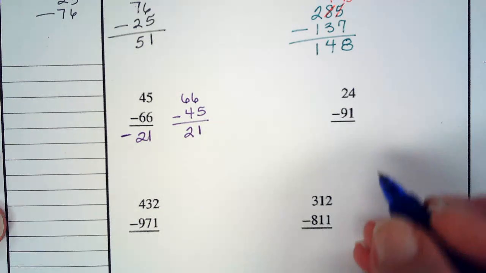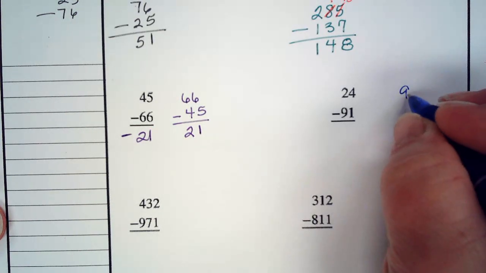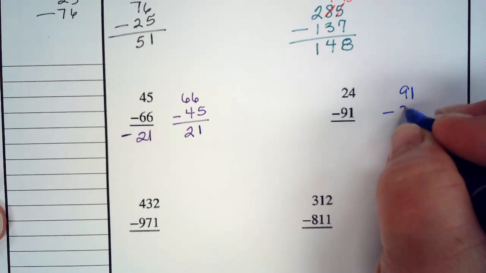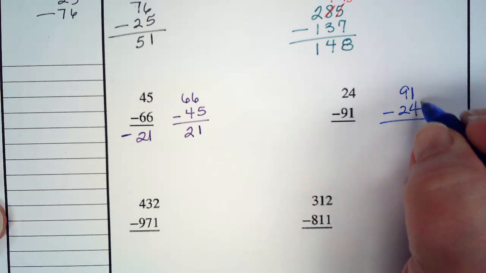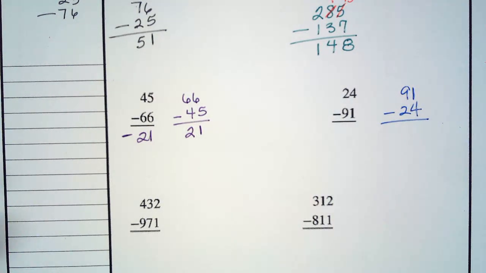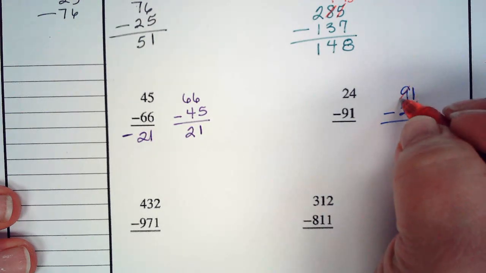Well, I hope you tried. Step 1. Flip them over. 91 minus 24. Step 2. Subtract. 1 will not subtract 4, so I borrow from the 9.